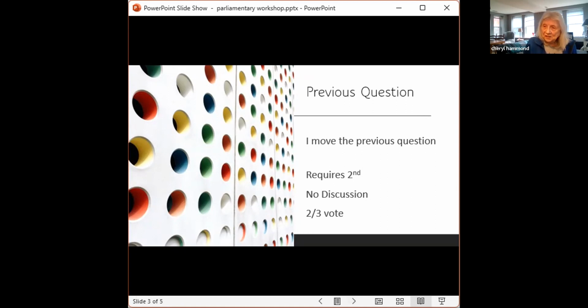However, there's no discussion. You immediately take a vote, and it takes 2/3 of the vote to pass. If the move for previous question passes, then all debate ends at that point, and you vote on the motion that's on the table. If it fails, you just go back to debating the motion.